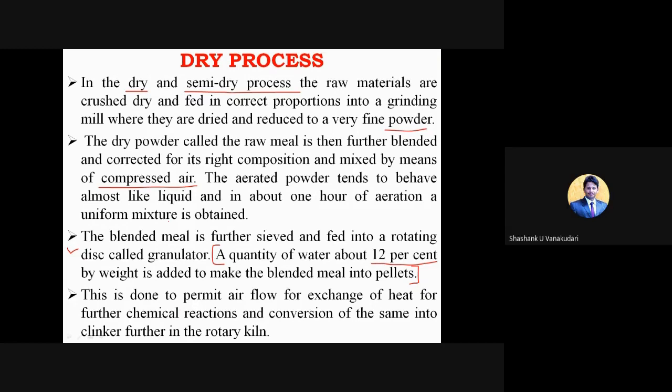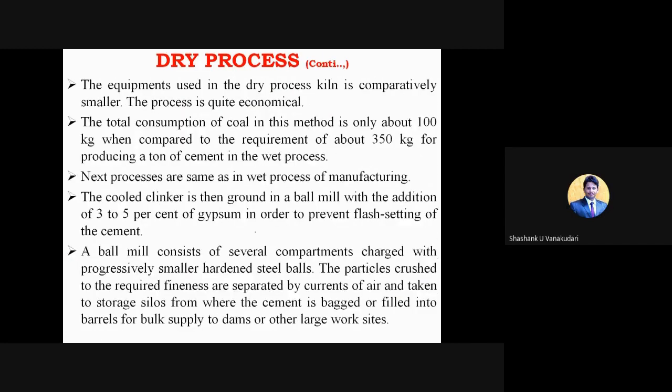in the rotary kiln. So here also they provide these granulator materials to the rotary kiln. Whatever materials are stored in this granulator are fed to the rotary kiln. Okay, and the equipment used in the dry process kiln is comparatively smaller, because there is no water paste, as you have seen in the wet process; here we can't see that.